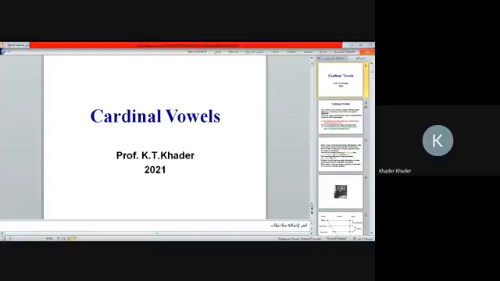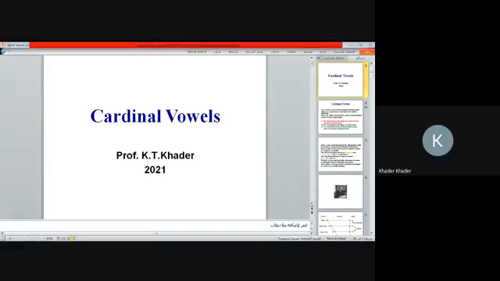There are 16 cardinal vowels divided into two parts: the primary ones, from 1 to 8, and the secondary ones, from 9 to 16. And we said also that such vowels are not English ones.